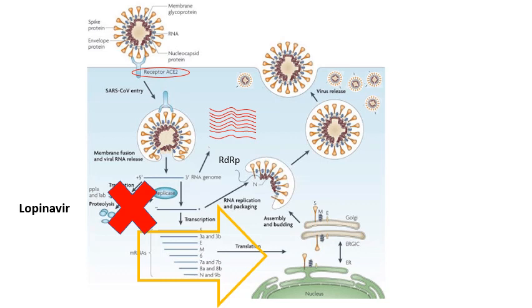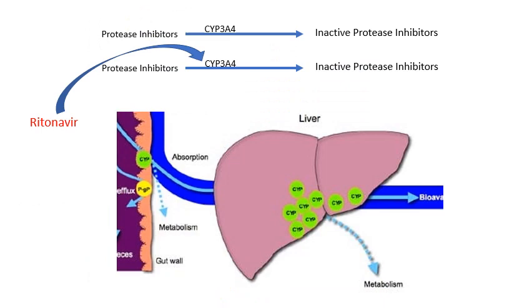Here, the specific cytochrome P450 enzyme 3A4 metabolizes the antiviral protease inhibitors. In the presence of Ritonavir, Ritonavir binds with the specific cytochrome CYP3A, so the metabolism of Lopinavir is decreased. Resulting in that, the activity of Lopinavir is increased.